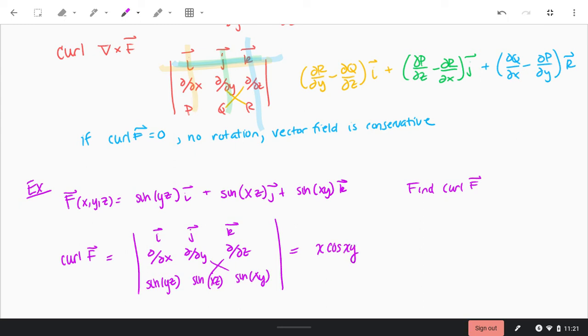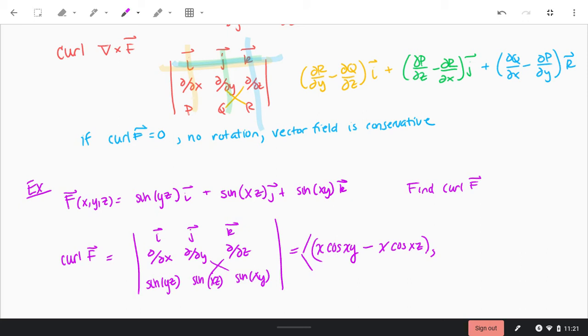Okay, minus the derivative of sine xz with respect to z, so cosine xz times x. Okay, and that will be in our i direction. I'm just going to do component form there.